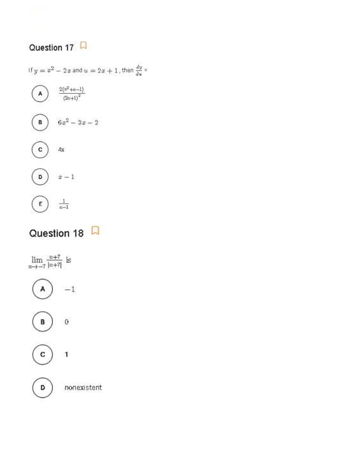All right. So in this question, we want the derivative of y with respect to u. So I'm going to solve for x.